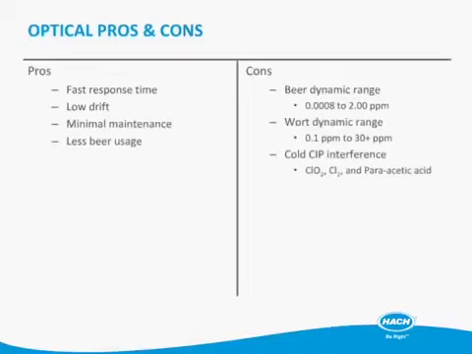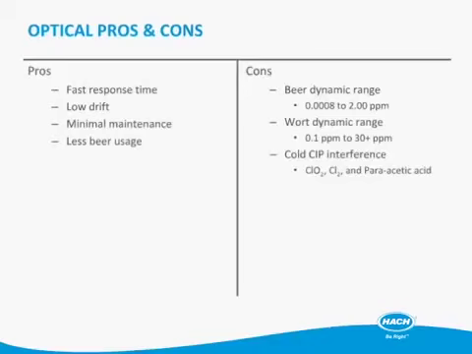So a typical low probe is going to be about 1 part per billion up to 2 parts per million, and a wort probe is going to have a dynamic range of, say, 0.1 part per million to maybe 30 or higher parts per million. The only con with them in terms of CIP interference is that chlorinated products, peracetic acid, and a few other things can react and quench the fluorescent material. But if you turn the sensors off and you're careful doing your CIP, there shouldn't be any interference problems overall.